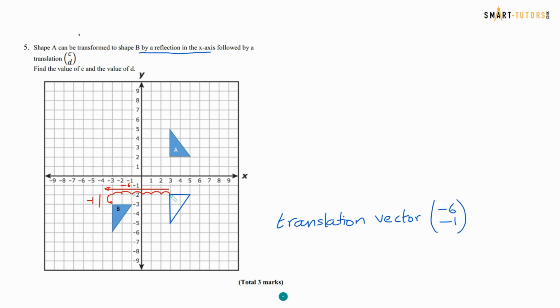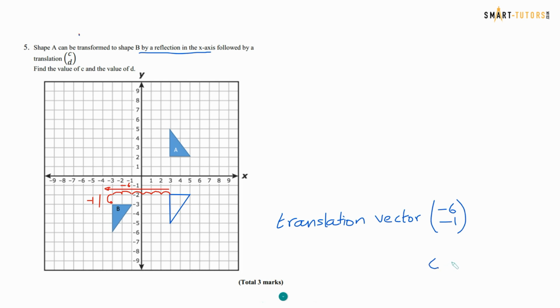That triangle is going to be translated to get B. Translation means if you go left it is minus, so minus 6 squares and 1 square below. So minus 6 is the x coordinate, minus 1 is the y coordinate. So the translation vector is (minus 6, minus 1).